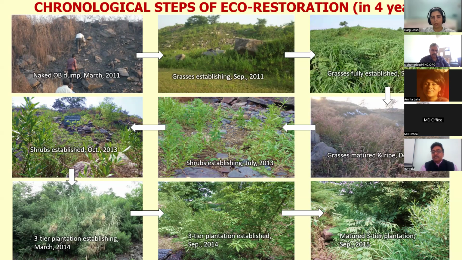Then in December 2012, they got ripe. Then we introduced the shrubs in July 2013, and the shrubs matured. Then in March 2014, we introduced the trees. By September 2015, it became almost a matured forest.